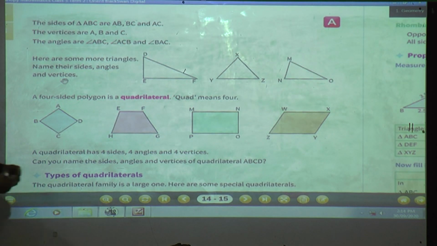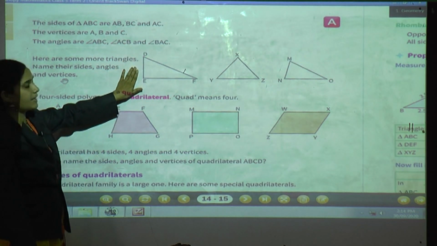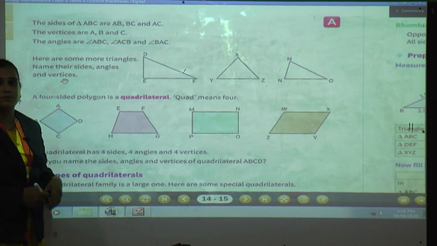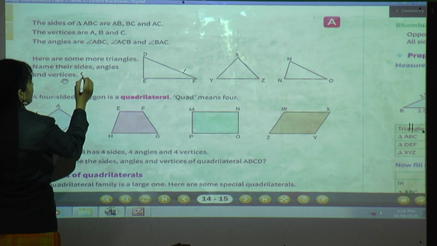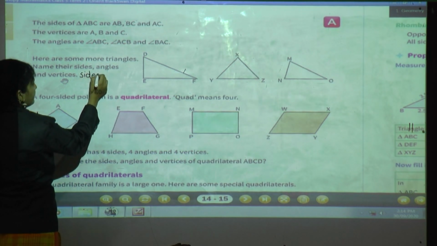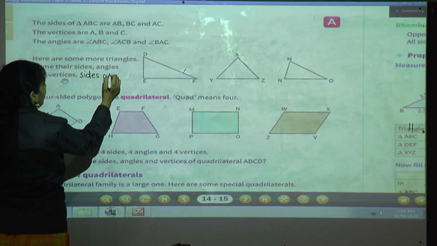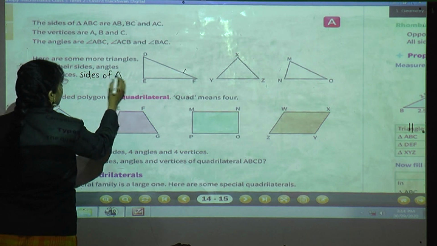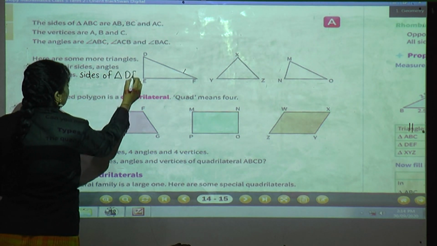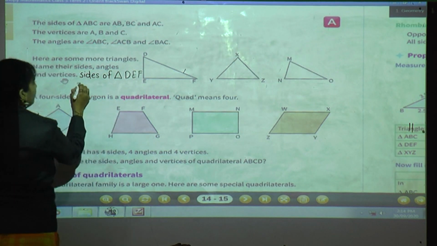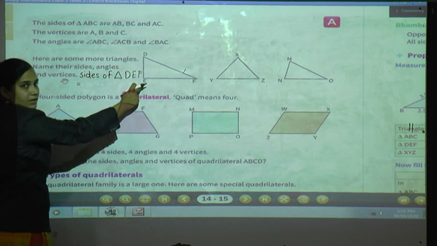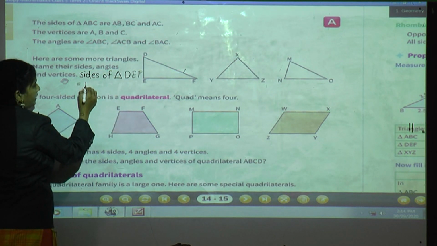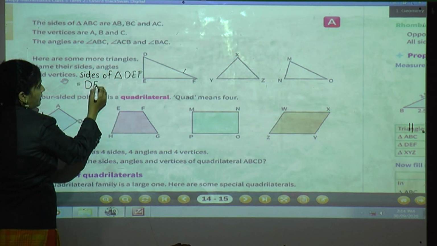Yes students, tell me the sides of these triangles. Sides of triangle DEF are, first one, side DE.